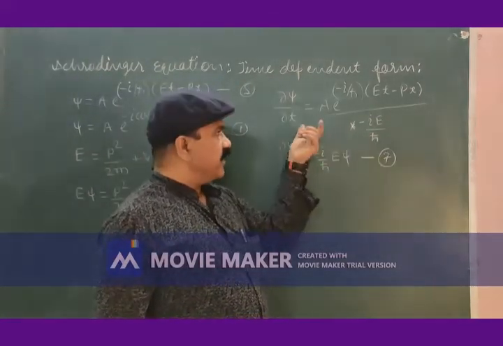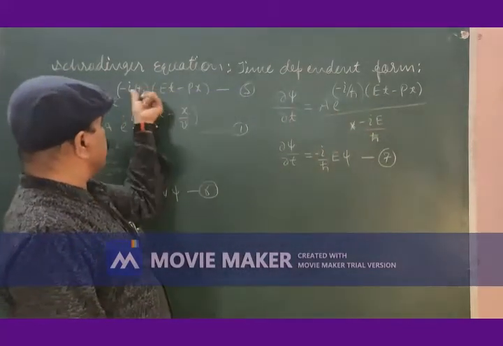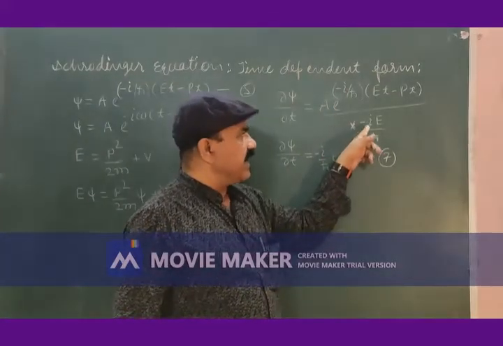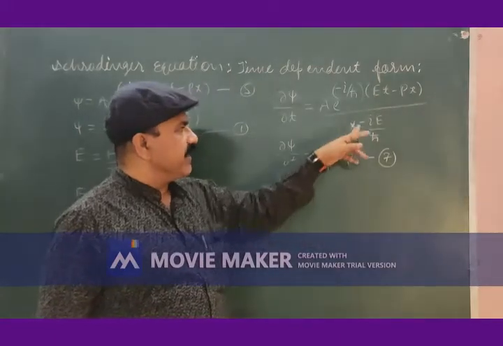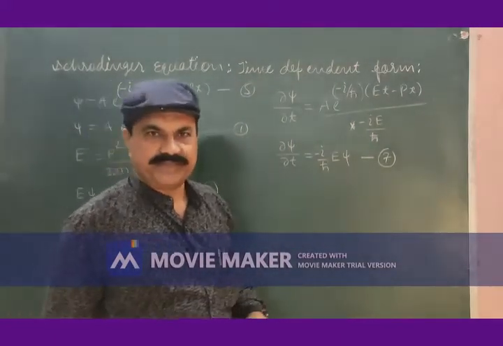In this differentiation, this term corresponds to psi. So for this term, let me put psi, and the differentiation of the exponent is written as minus iE by h cross. Equation number 7.